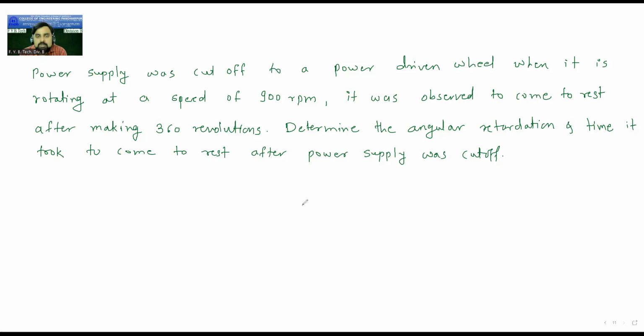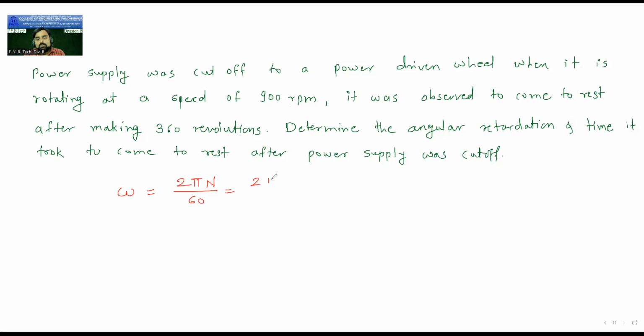Okay. So see, first of all, a power driven wheel is rotating at a speed of 900 rpm. So initial velocity is 900 rpm. So omega is equal to 2 pi n divided by 60.